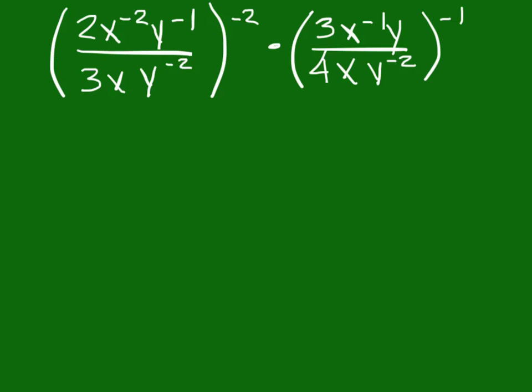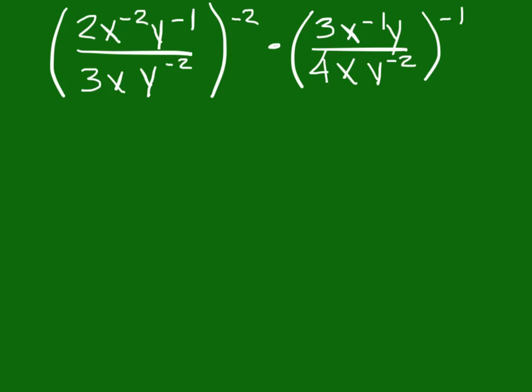So your first step is to multiply every exponent in the first expression by negative 2, including the integer 2. But you're not multiplying 2 by negative 2, it's 2 to the first power times the negative 2 power.